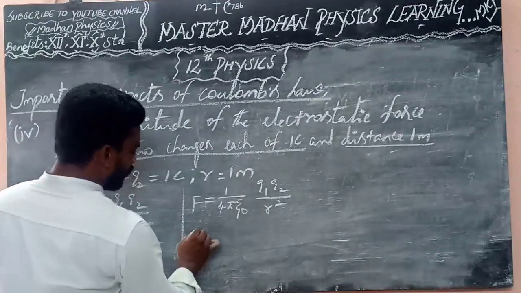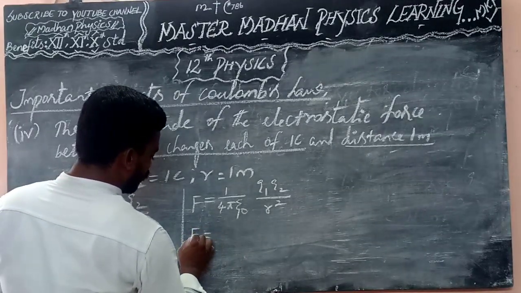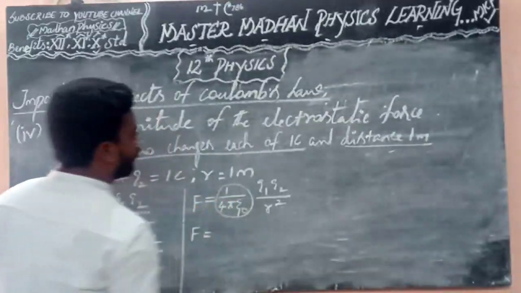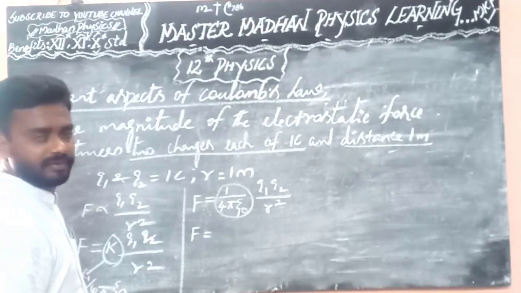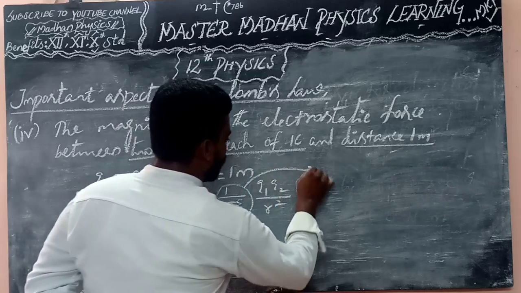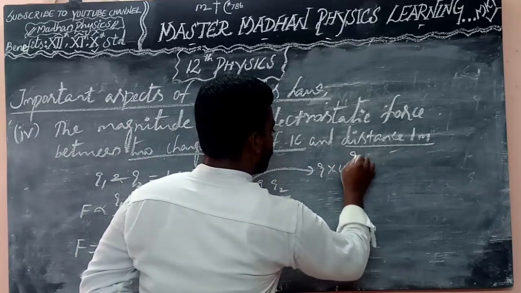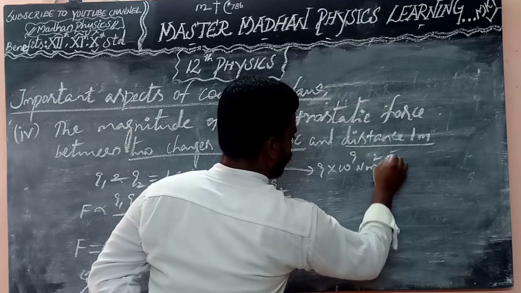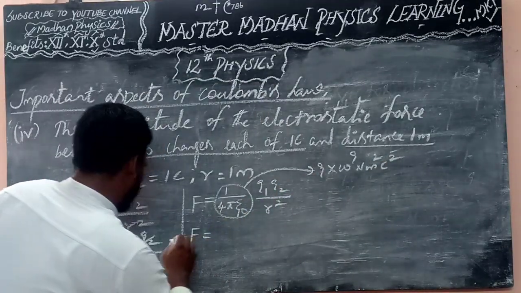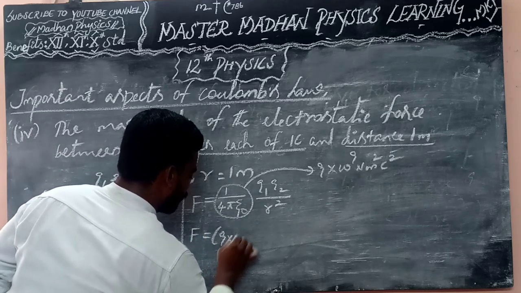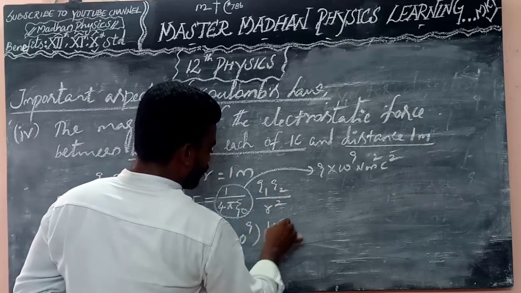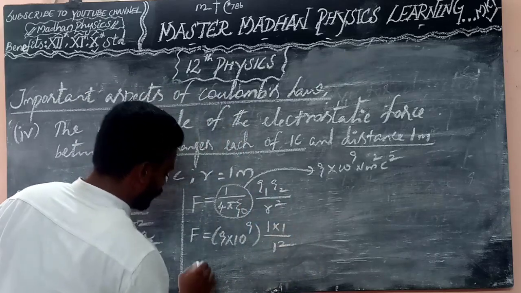So F is equal to 1 by 4 pi epsilon naught. We have the value in the third point itself: 1 by 4 pi epsilon naught is 9 into 10 power 9 Newton meter square Coulomb power minus 2. So substitute the value here, 9 into 10 power 9, Q1 Q2 is 1 Coulomb into 1 Coulomb, divided by 1 square, that is 1 only.